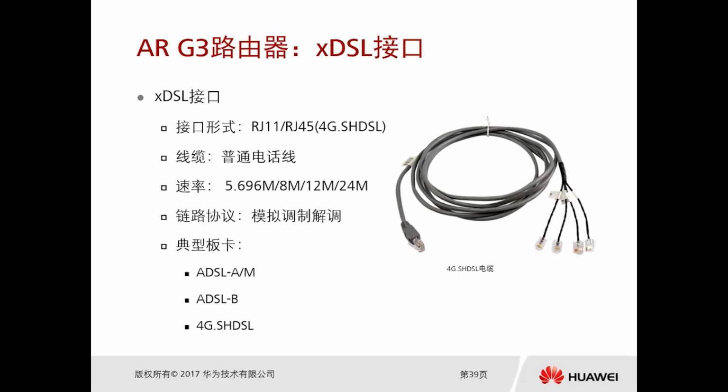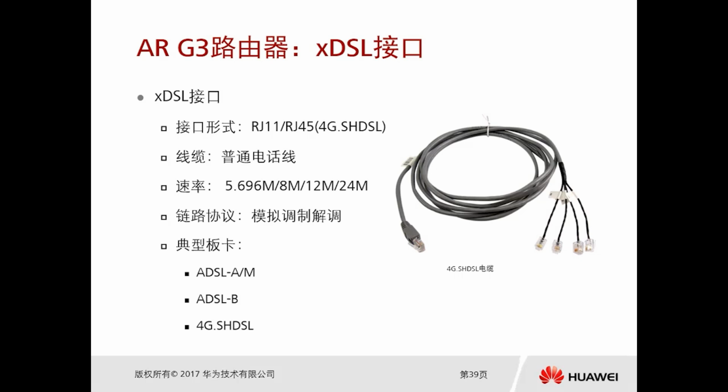Then its link protocol is analog modulation and demodulation, because it needs to process the voice signal and convert it into our digital signal, right? There is a process of analog modulation and demodulation. This ADSL has one of these interface cards, which we have discussed before.